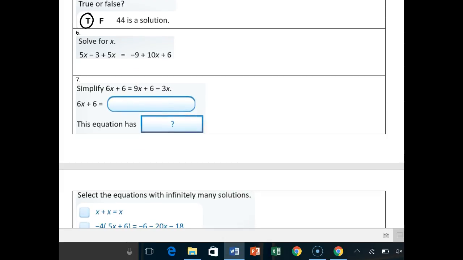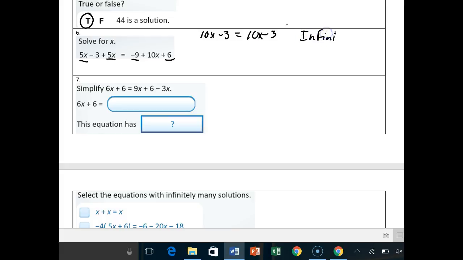Number 6, we're going to solve for x. So first, let's combine like terms. 10x minus 3 is equal to, combining these like terms, I'm left with 10x, and then negative 9 plus 6 is negative 3, so minus 3. Sorry, forgot my x. Whenever you get to this situation, you don't even have to work out a problem. If you have two expressions that are equal to each other, you will always have infinite solutions.